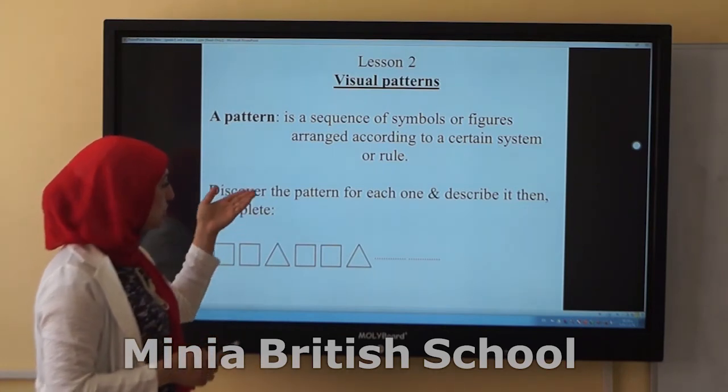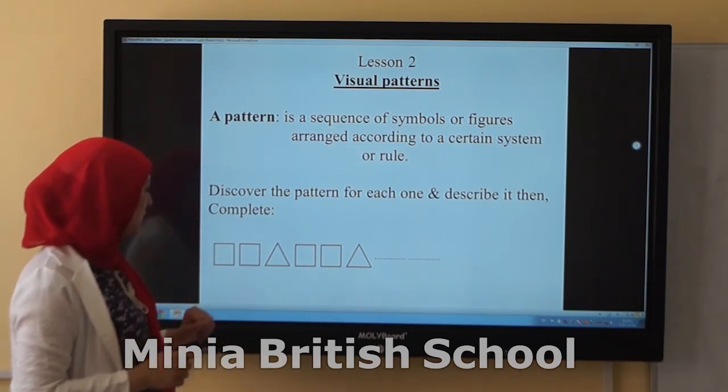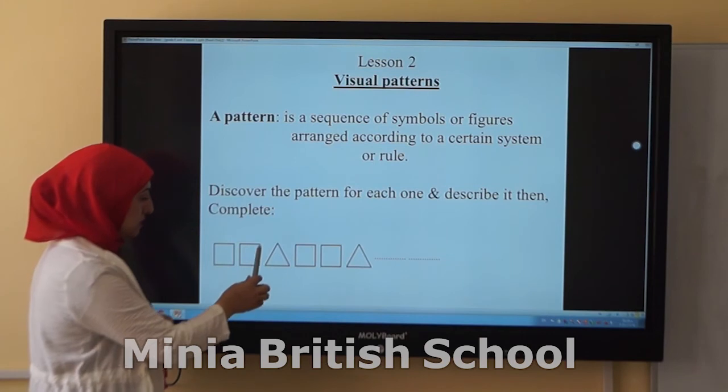Here, we will discover the pattern for each one and describe it, then complete. Here, we have two squares, a rectangle.